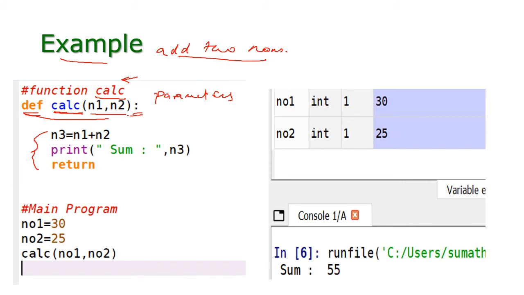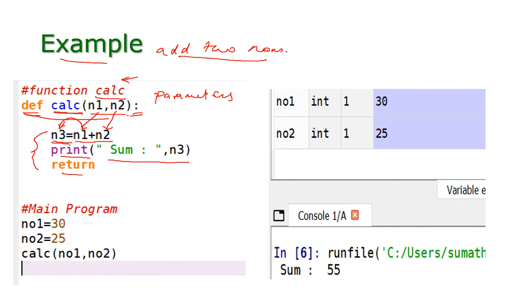Now let us see what statements are in this function. First, I have another variable, n3. n3 is equal to n1 plus n2. n1 is the first parameter and n2 is the second parameter, and these two values will be added and the result stored in the new variable n3. Now I am going to print n3 by using the print statement, sum equal to n3, which is the sum of n1 and n2.